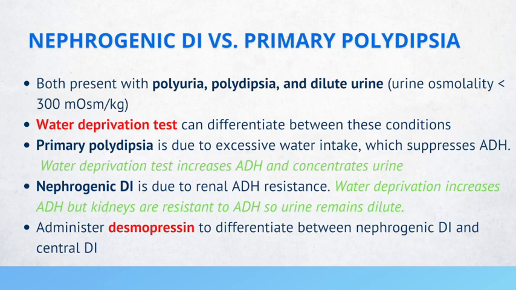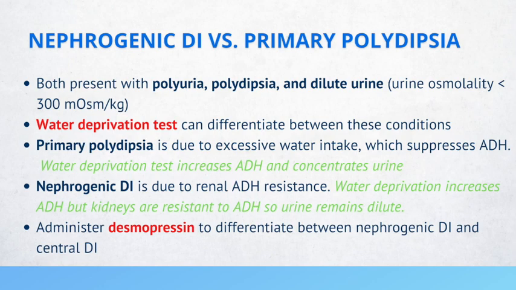So how can we differentiate between these two conditions if they have the same or very similar presentation? Well, we can do a water deprivation test. With the water deprivation test, we're basically just not giving the patient any water for a set period of time and then analyzing how the body reacts to it. We're trying to see why exactly this urine is dilute.